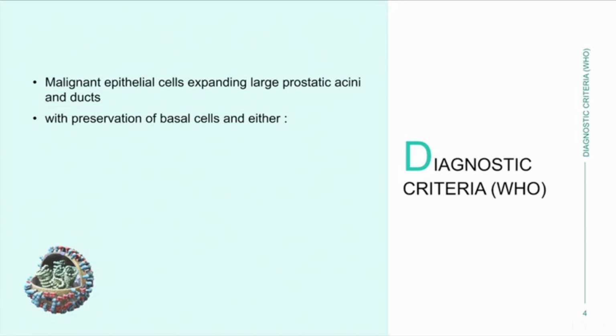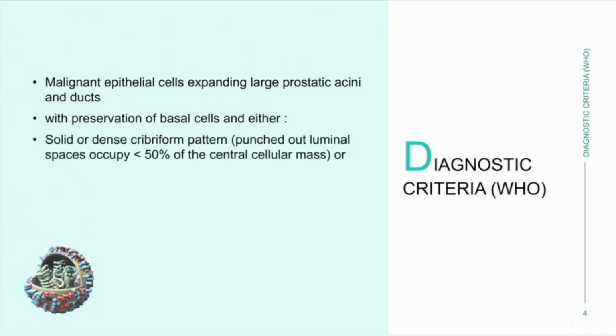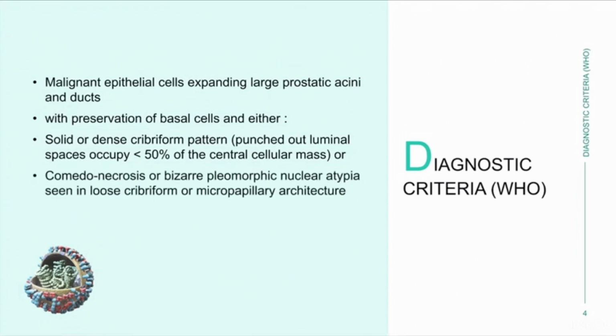Then another important part is the architecture which the malignant epithelial cells show. It should be either a solid or dense cribriform pattern, or a loose cribriform or micropapillary architecture.